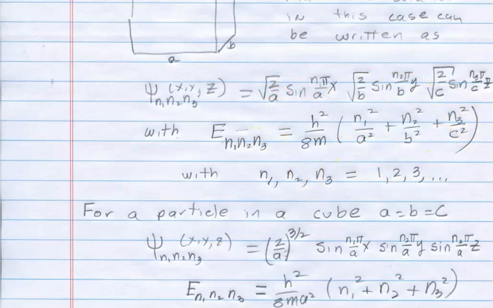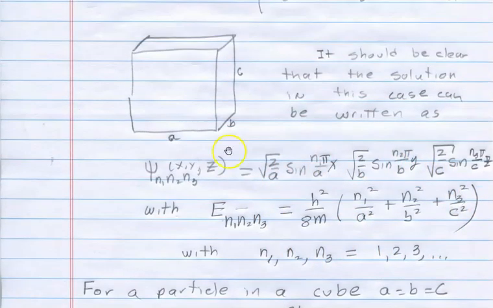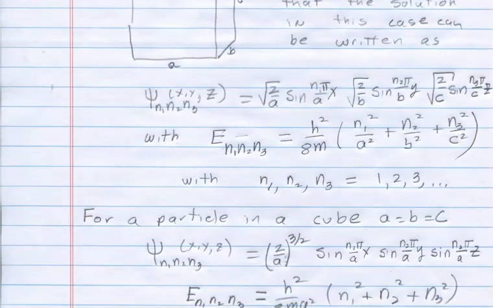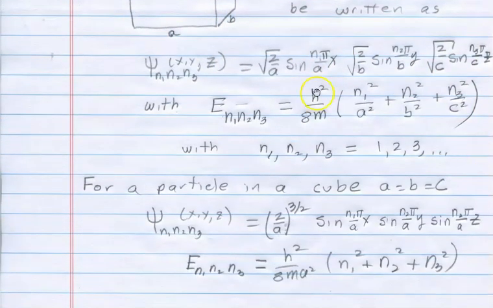If it becomes a cube, then A, B, and C are all equal, so a cube of side A. If you look at these, I will get a 2 over A in each term, square rooted, so I'll get a 2 over A to the 1/2 cubed, or to the 3 halves. And then the A, B, and C here all become A's. Okay?